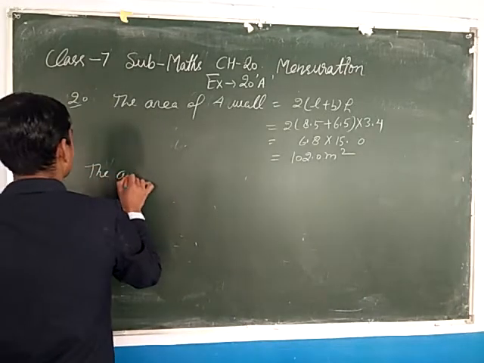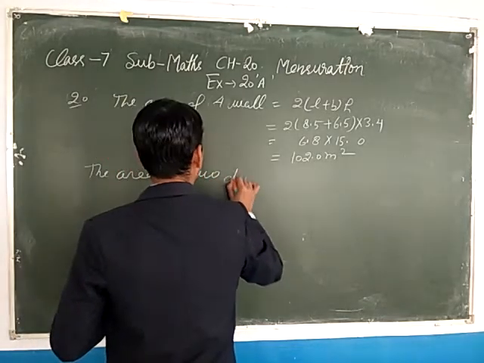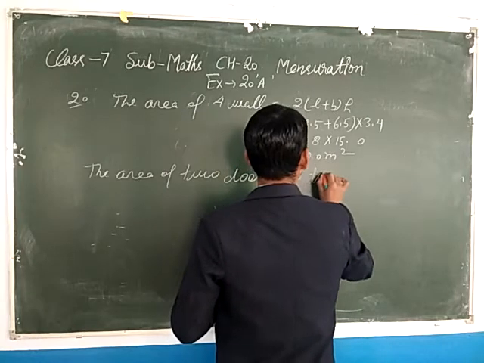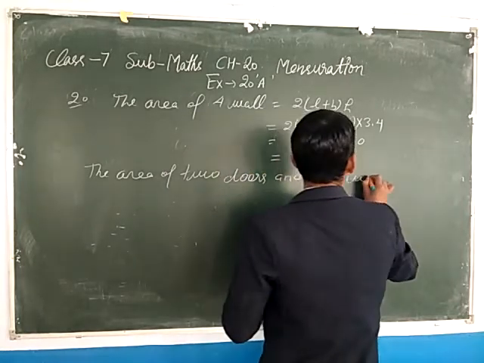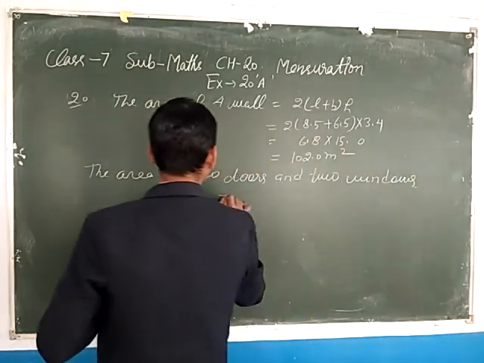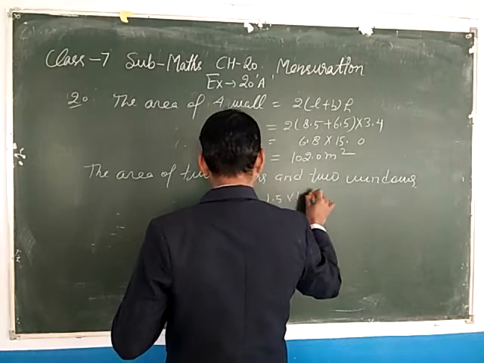Then the area of 2 doors and 2 windows. It will be the same for both, beta: 2 multiply length multiply breadth.